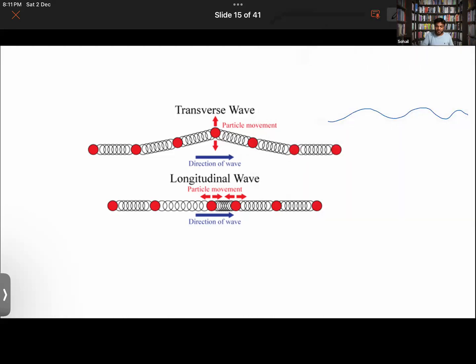You can see the waves are moving forward, and the particles of the water are moving up and down, perpendicular to the direction of the wave movement. Is that clear to everyone? So to understand a transverse wave, just throw a stone in the pond, and you will understand it like that.